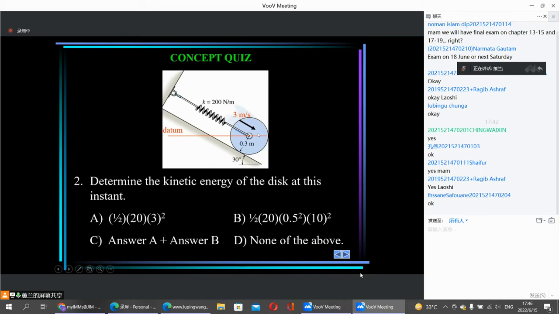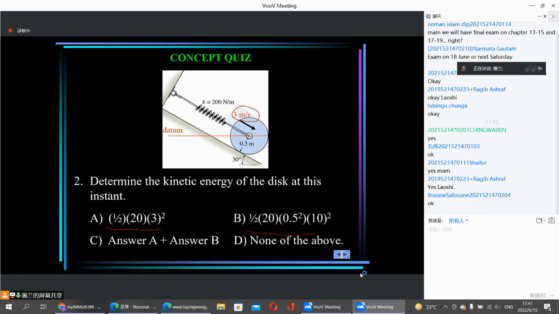Here we only need to determine the kinetic energy of the disk. It's rolling without slipping, so the answer should be which one? The velocity of the mass center is given. So can you tell me the kinetic energy? The kinetic energy should have two parts, right? Translational kinetic energy plus rotational kinetic energy. Translational kinetic energy is this one, right?